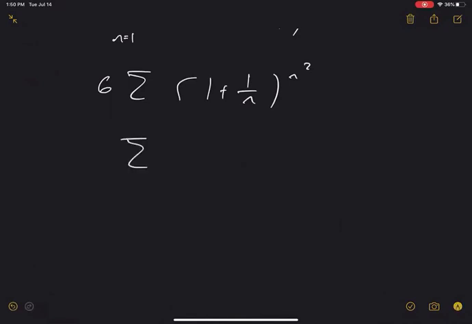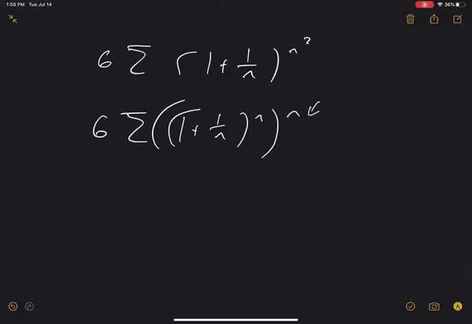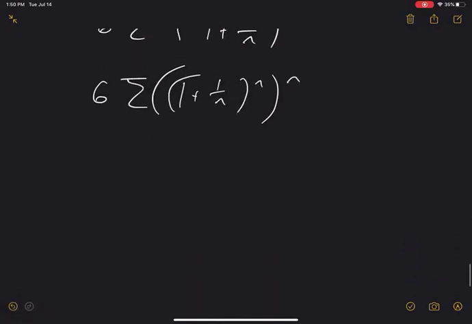Well, that's no problem. Just think of n squared as n times n, so it's the same thing, and I have a power n here. That indicates the root test, so let's try the root test on this thing.